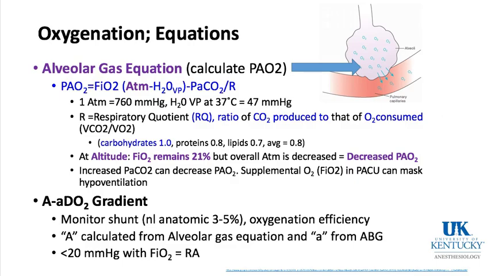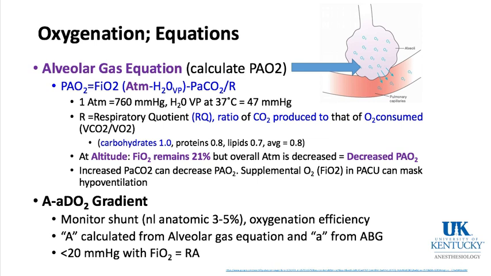Our next keyword is oxygenation equations. The first equation is the alveolar gas equation, which is used to calculate PAO2, which is the partial pressure of oxygen inside the alveolus itself.